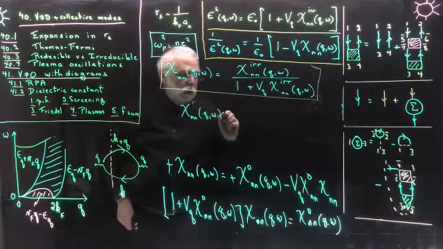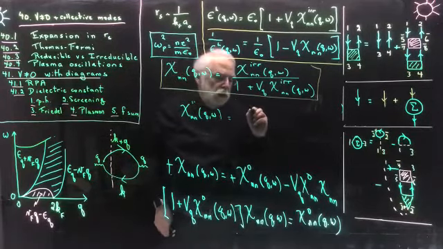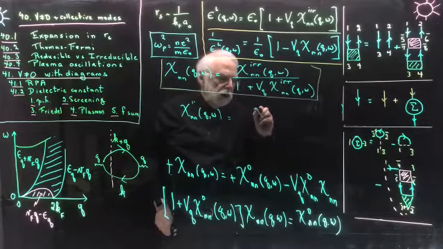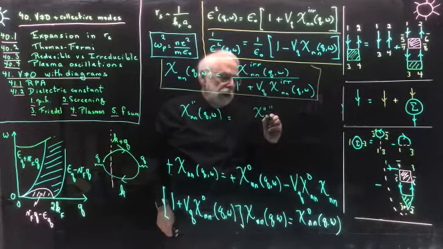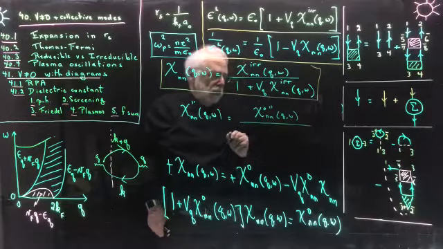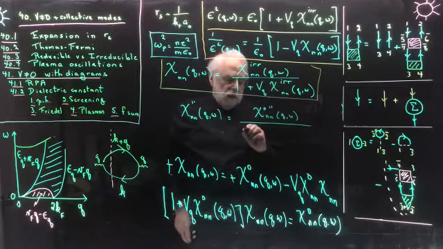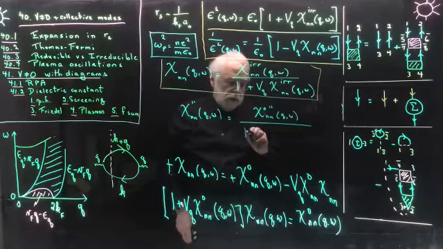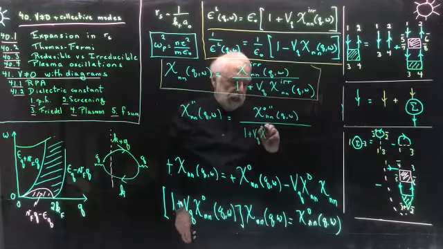Chi prime prime of q and omega is equal to, so I will write chi 0 now. So chi 0 prime prime, and n of q and omega divided by 1 plus VQ times chi 0 and n prime.